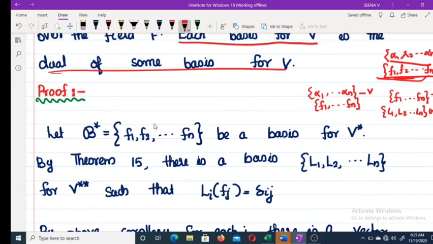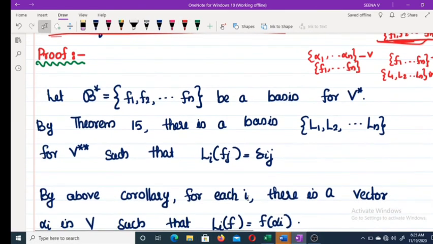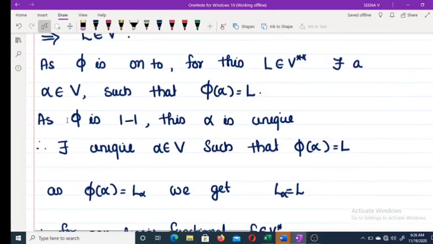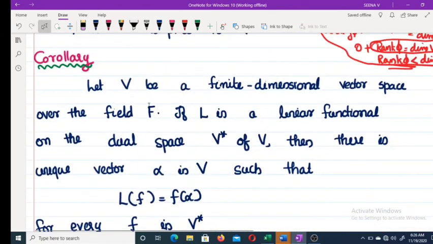So Li of fj satisfies δij. So for each of these Li, using this corollary, for each linear functional L, there is a unique vector α in V satisfying this condition.